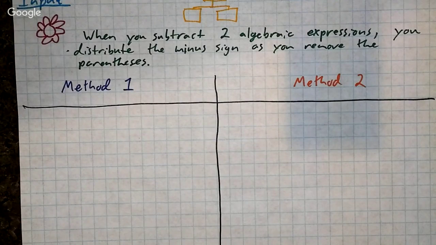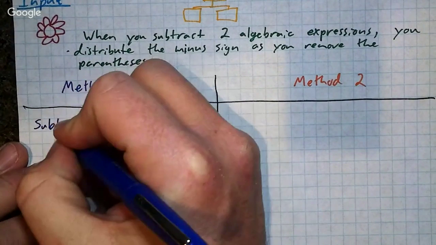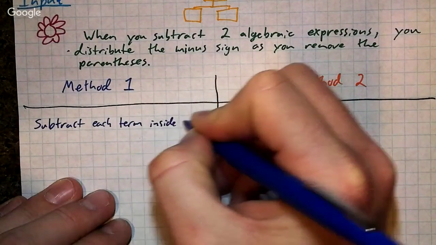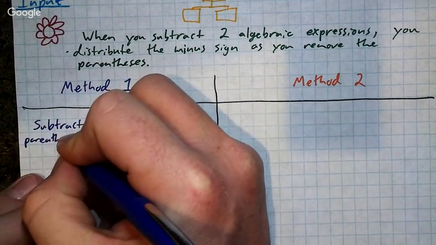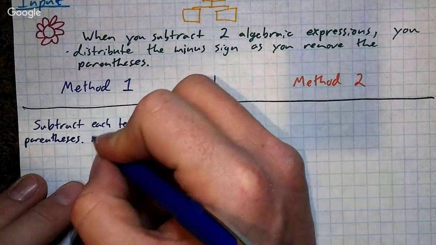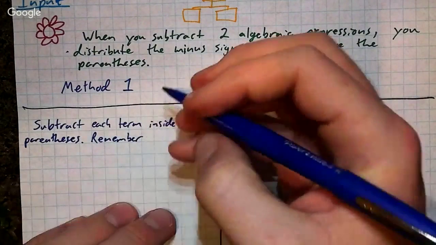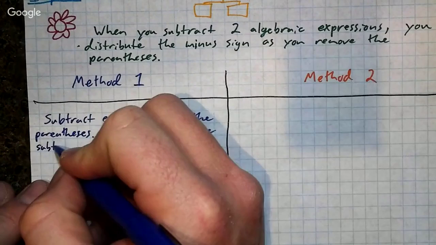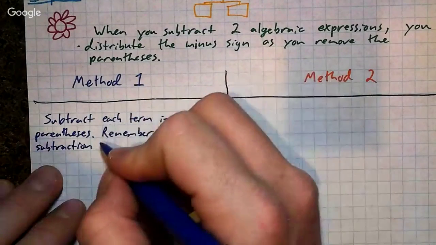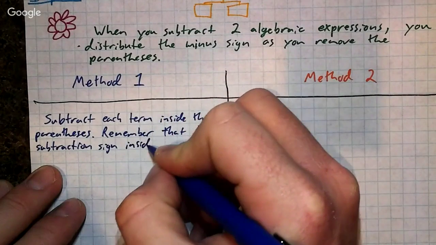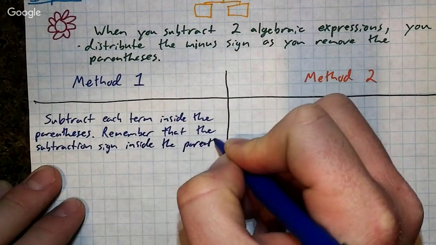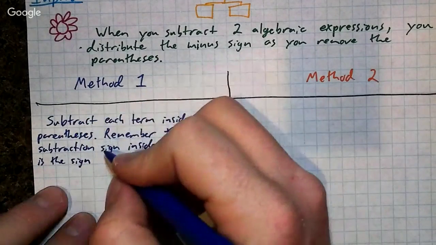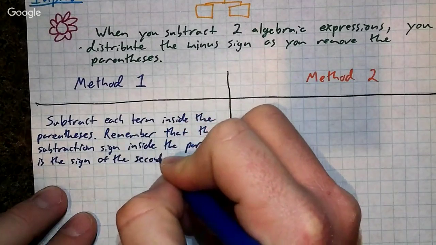Let's start with method 1. In method 1, you are going to subtract each term inside the parentheses, and you're going to remember that the subtraction sign inside the parentheses is the sign of the second term.